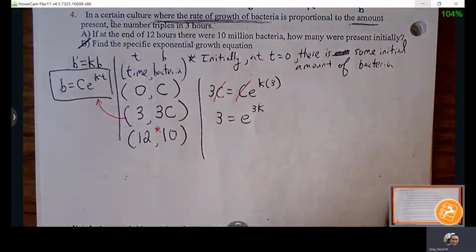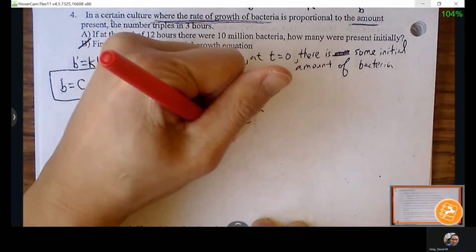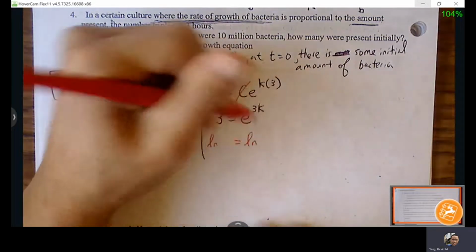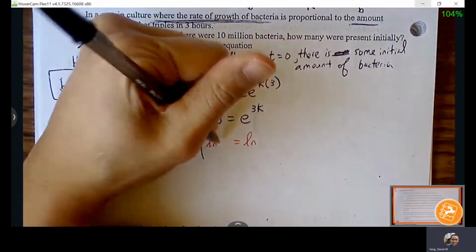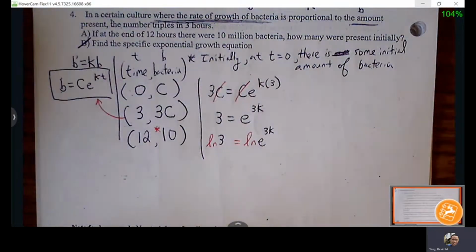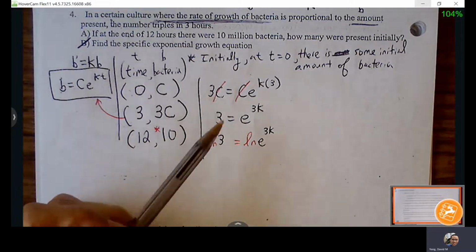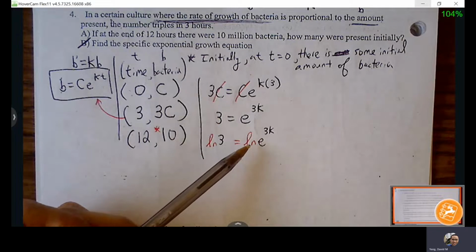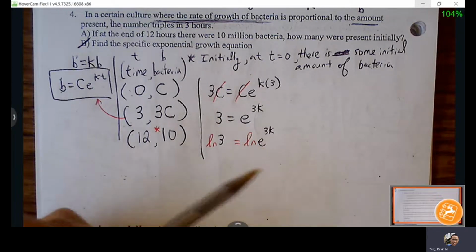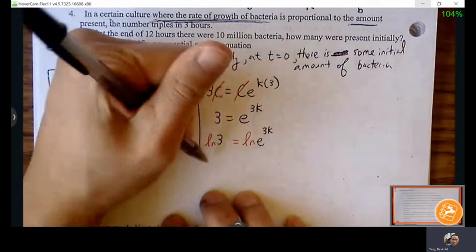And then we can involve natural log just like before, because we're trying to get that exponent variable to come down. So why does that natural log of e just go away? Because natural log of e is equal to 1. That's one of the properties. Because natural log is log base e, so log base e of e is just equal to 1. Okay, so bring that exponent down in front.